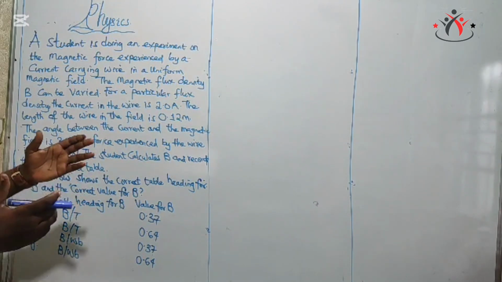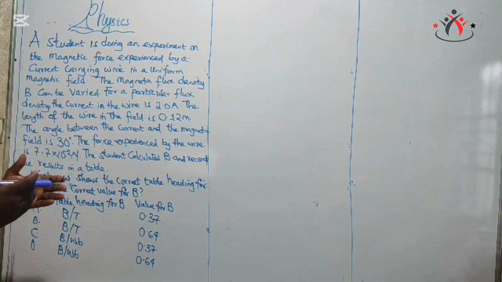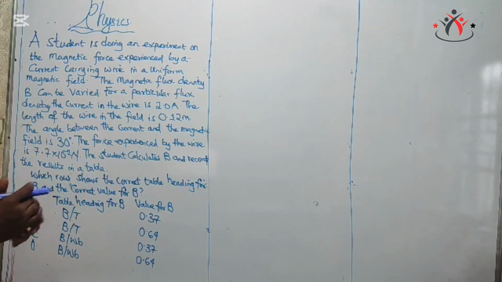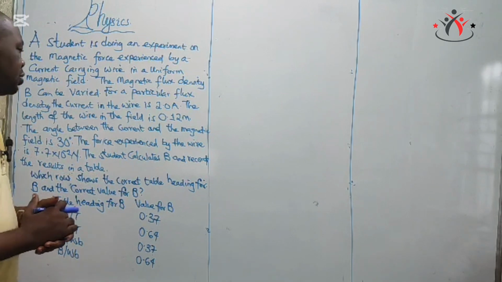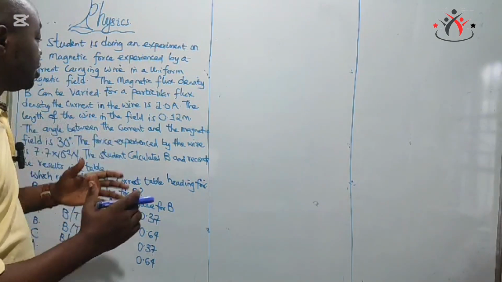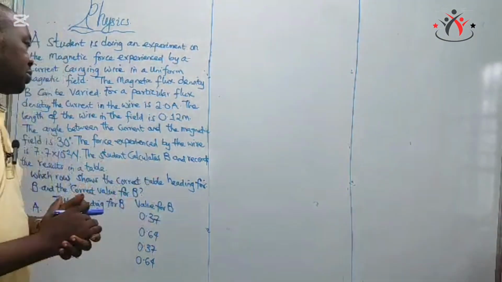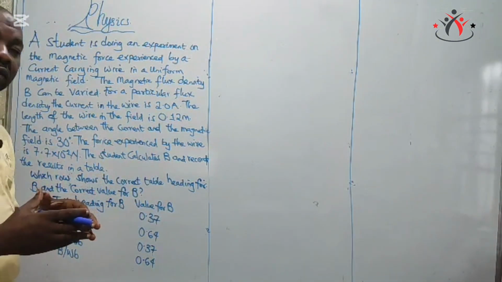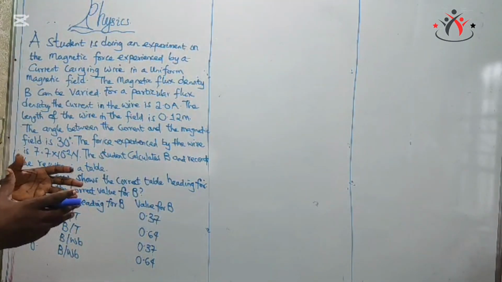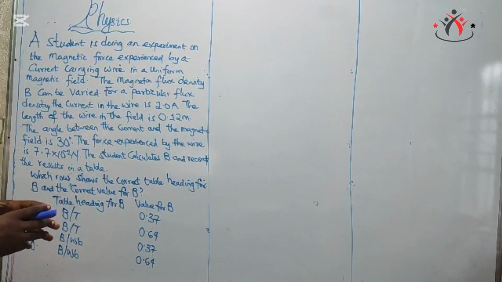Now, for a particular flux density, the current in the wire is 2.0 amperes, which is the unit of electric current. The length of the wire in the field is 0.12 meters. The angle between the current and the magnetic field is 30 degrees.